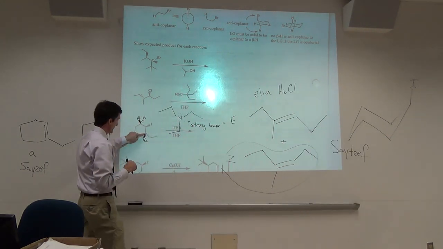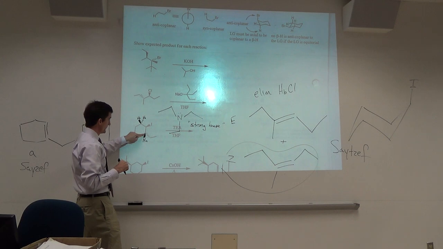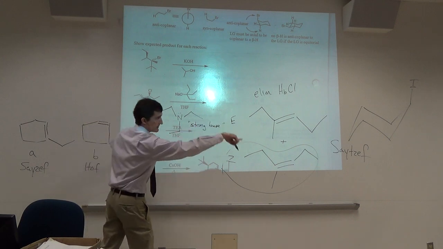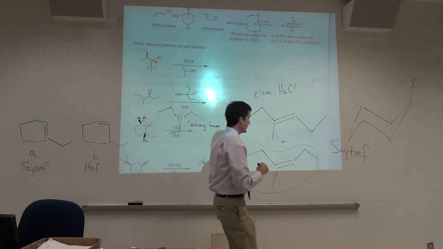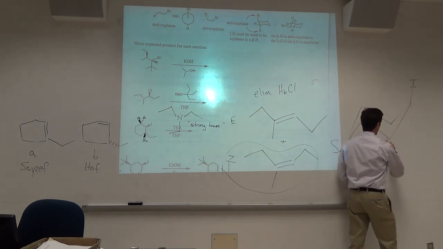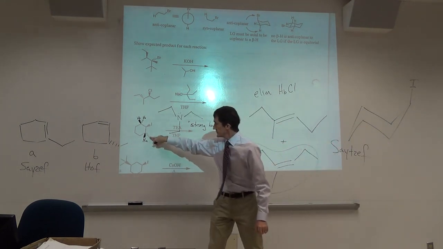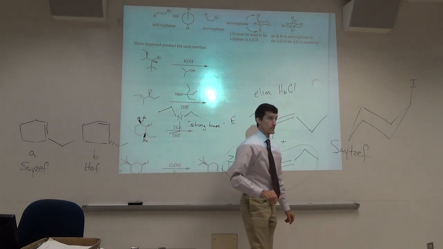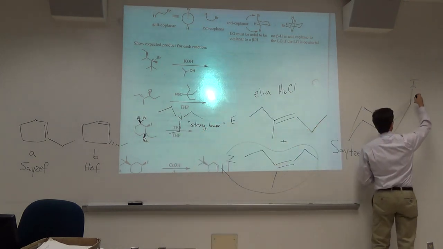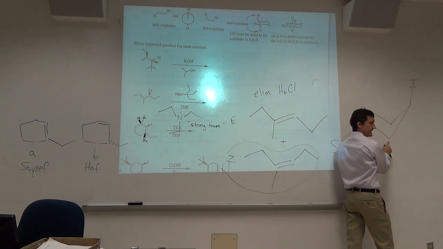Adjacent here. The next carbon, I'm going to come next carbon down. Got an ethyl. Is this ethyl axial or equatorial? Well, the ethyl is trans to the iodine. So if the iodine is axial, is this axial or equatorial? Equatorial.